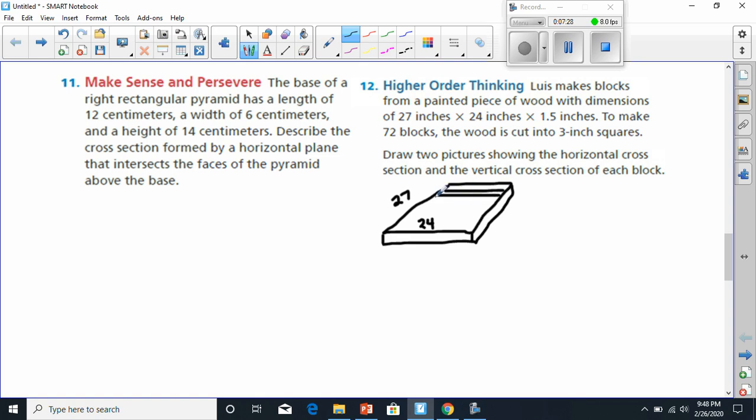1, 2, 3, 4, 5, 6, 7, 8, 9. And then there's going to be 24 cuts. So that means 24 divided by 3 will be 8.